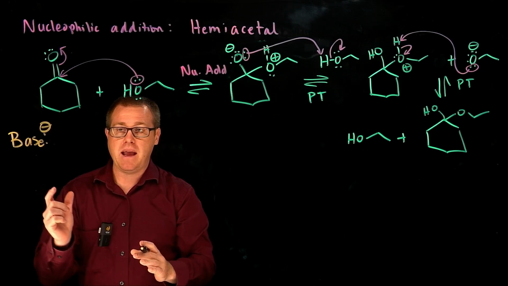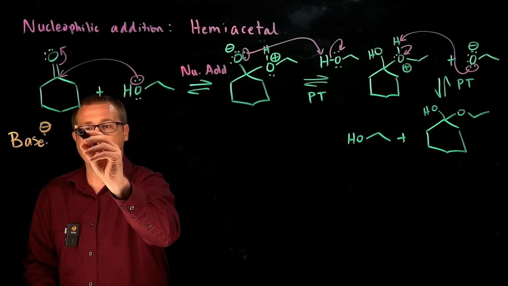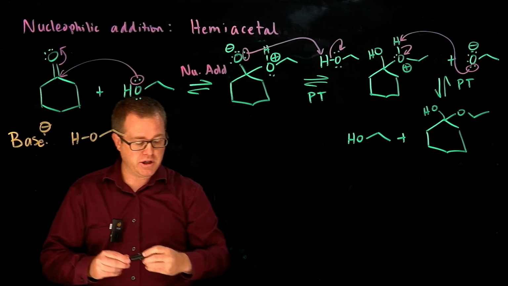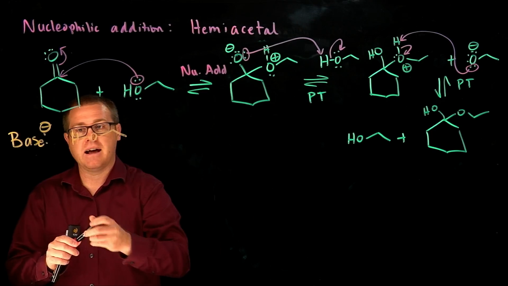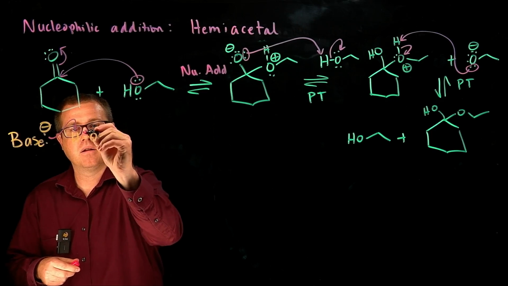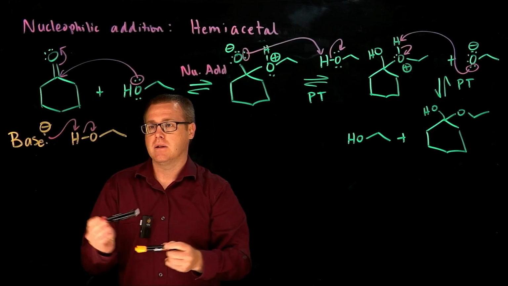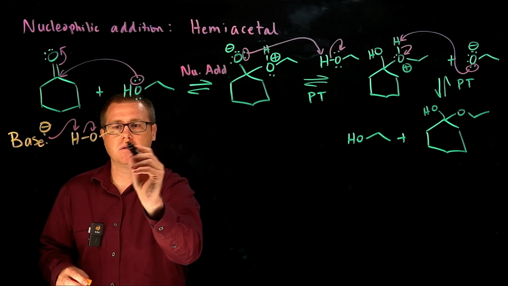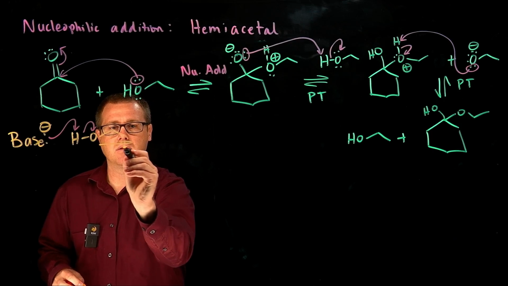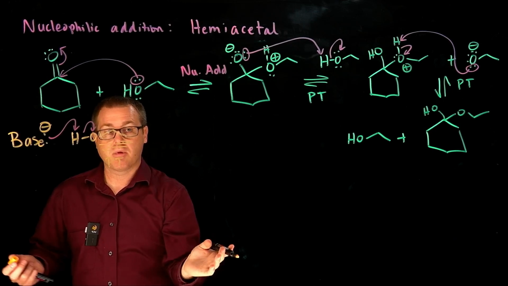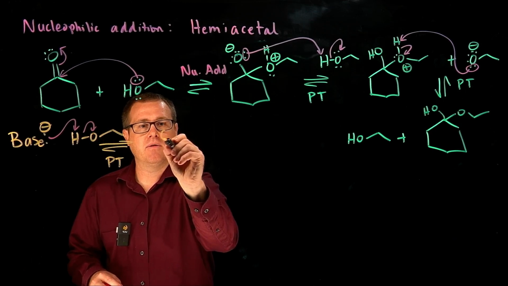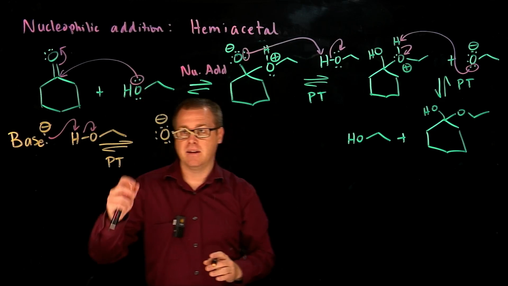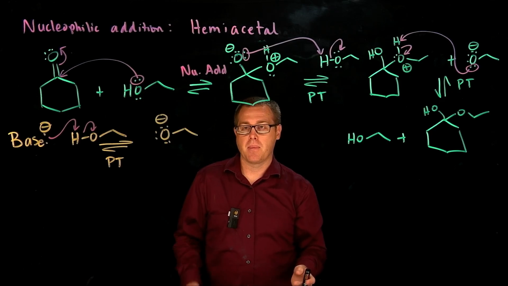When you take that base and treat it with the ethanol, you're going to generate the alkoxide. And that is simply a proton transfer. So now what have we generated here? We've generated an electron-rich alkoxide.